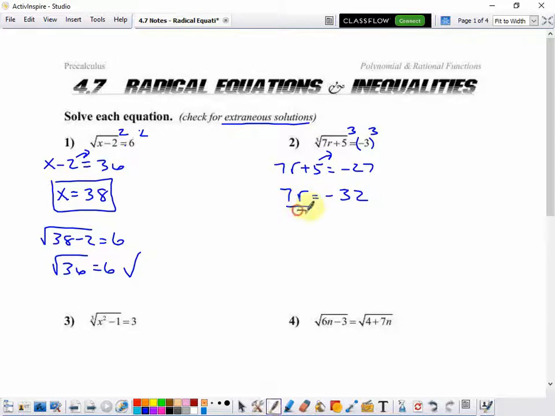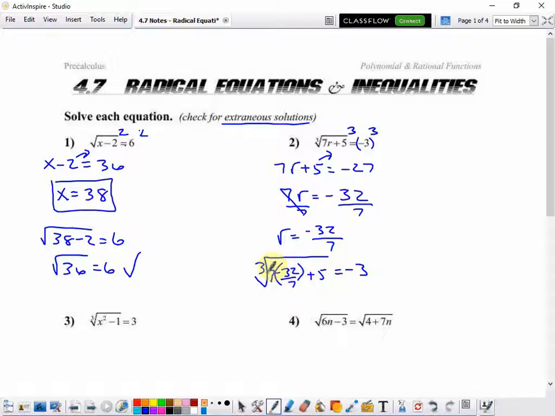And then divide by 7. Okay, now I need to check that. Cube root of 7 times negative 32 over 7 plus 5 should equal negative 3.